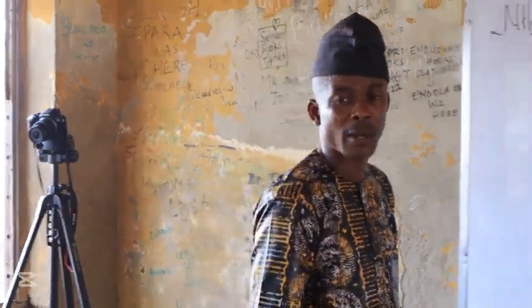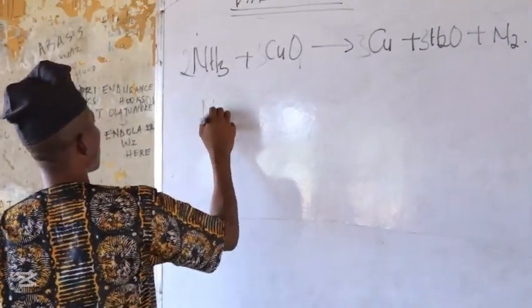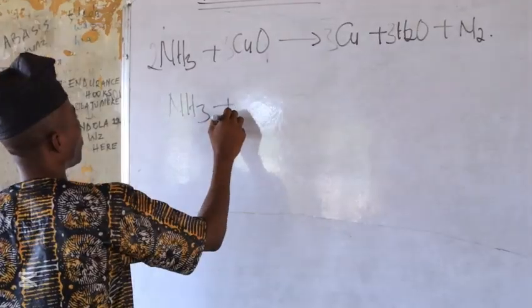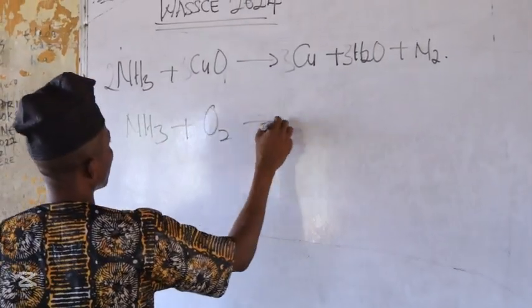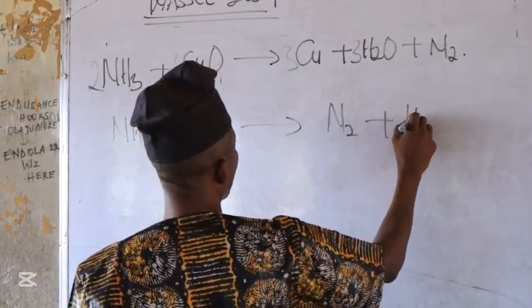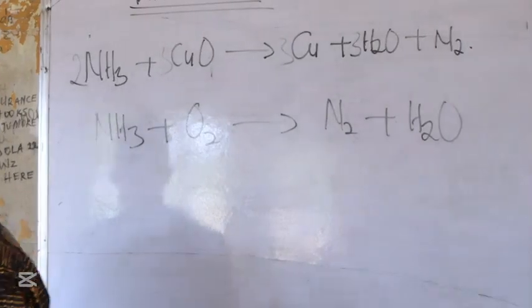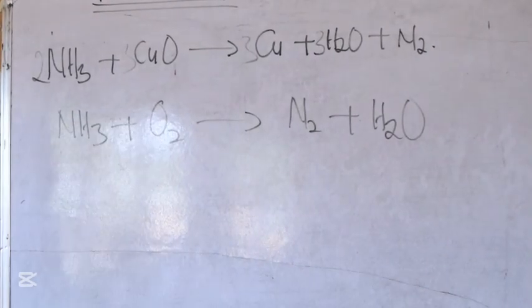Then why don't you come and write it? So we are writing the reaction between ammonia gas and what? Oxygen. Then the products will be nitrogen and water. It's left for you to balance the equation. How do we balance the equation?